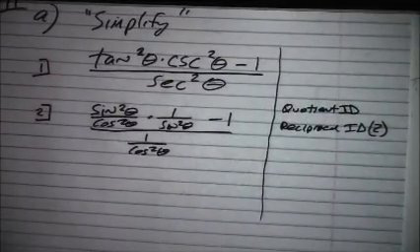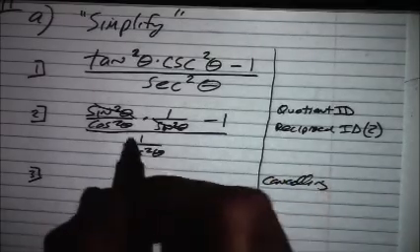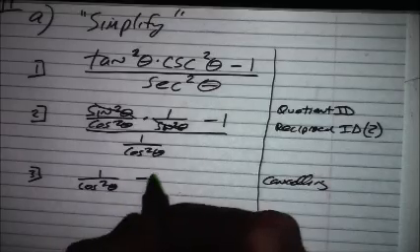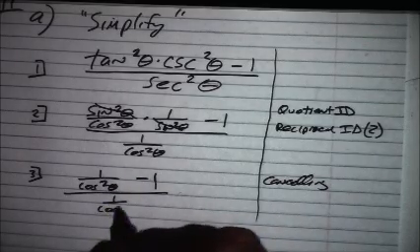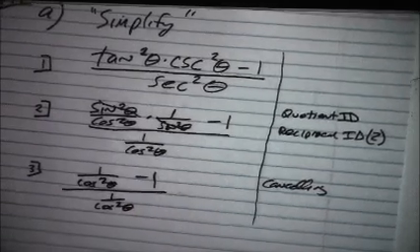Okay, now that we have done all of these, let's see what happens. Aha! Cancel that out. And so the third thing, canceling. And that's going to give us 1 over cosine squared theta minus 1, over 1 over cosine squared theta.